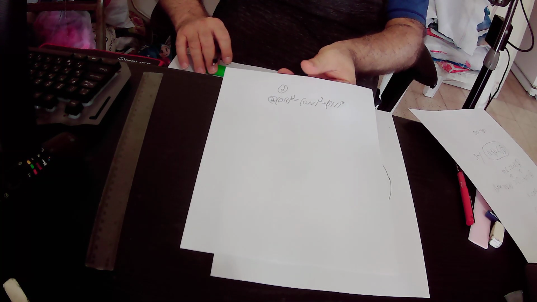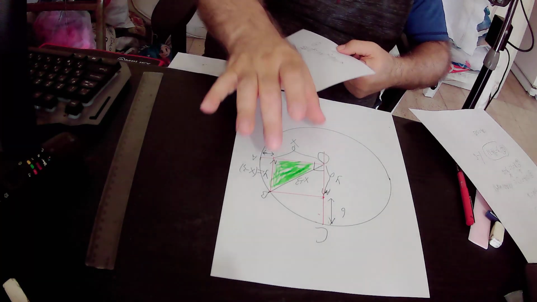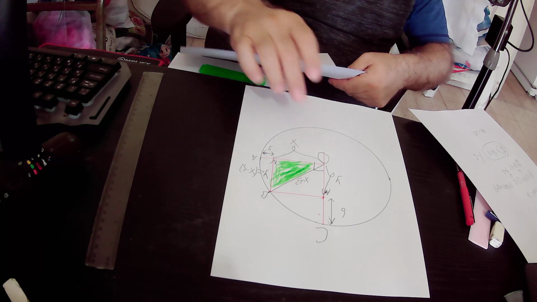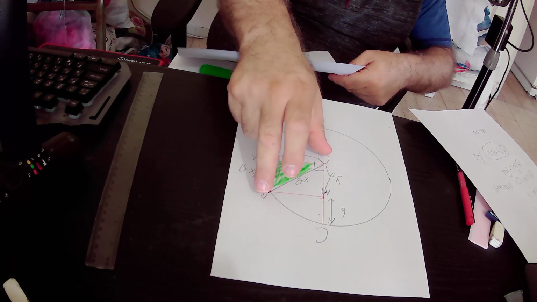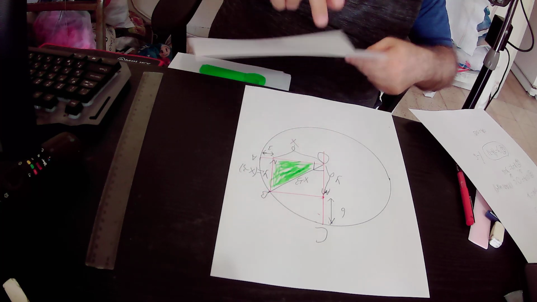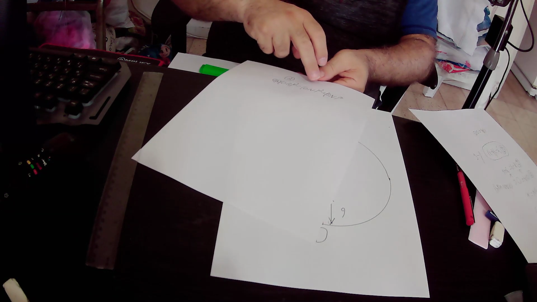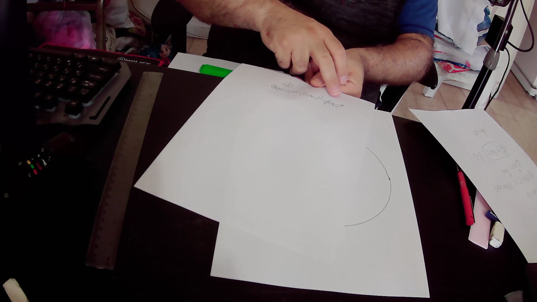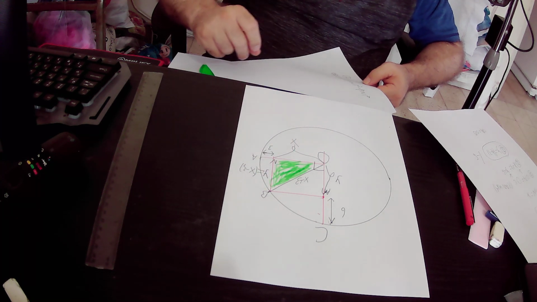So OB square is the square of the hypotenuse in the green right triangle OBN, and it equals ON square plus BN square.